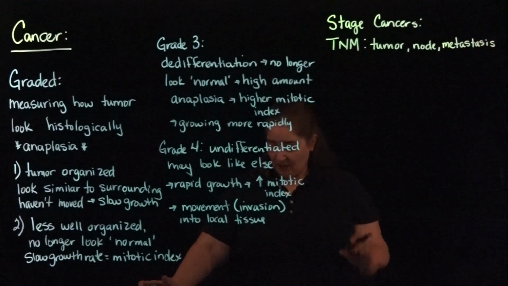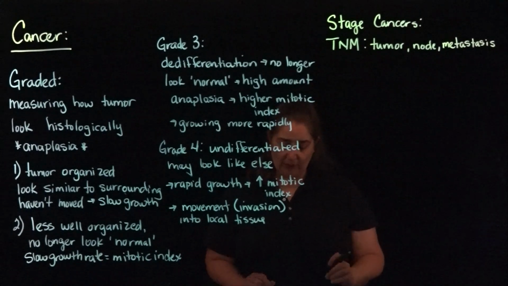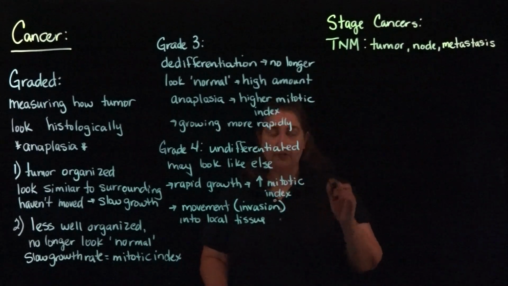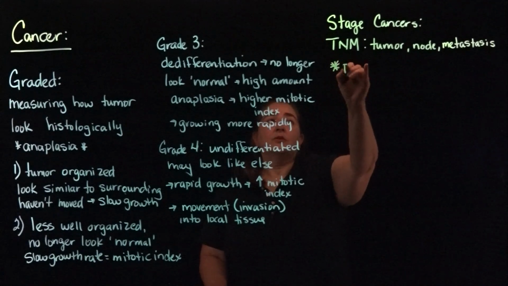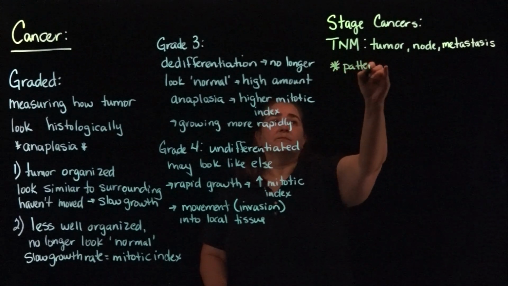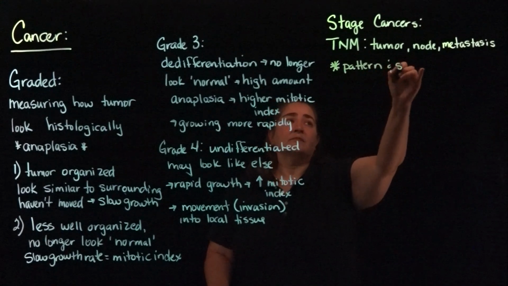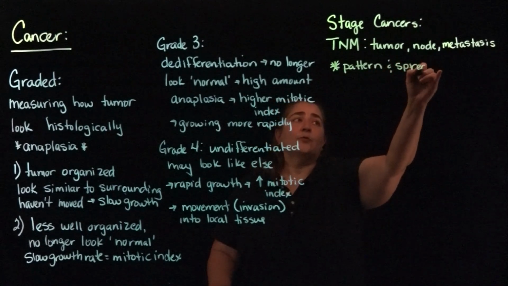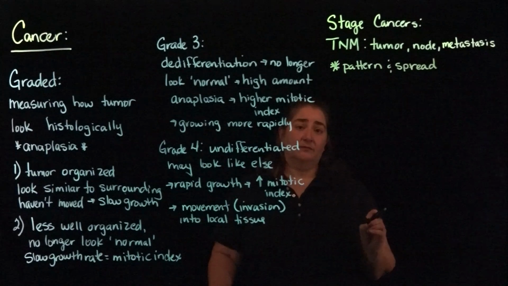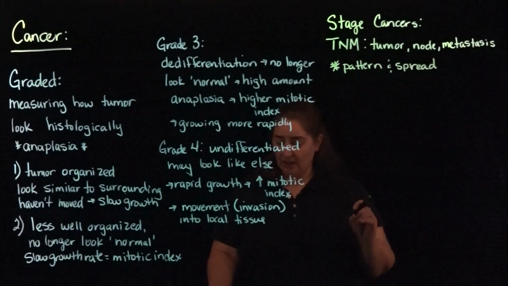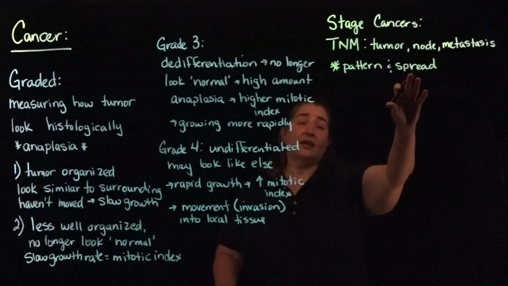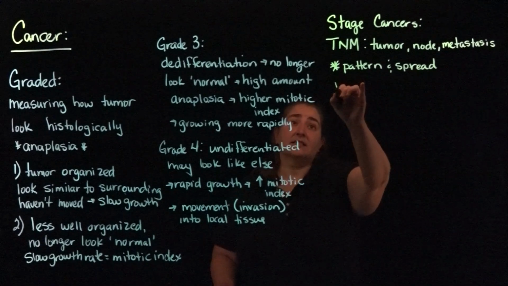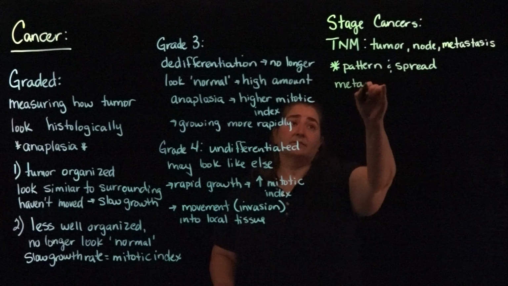Okay? So what we're looking with stage of cancers, it's looking for its ability to spread. Okay? So this one is typically looking at whether or not metastasis is happening.